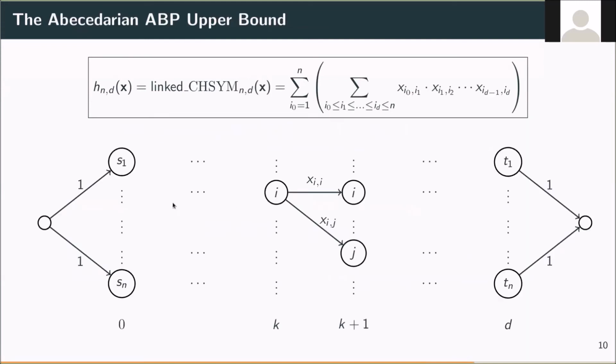I will just show the ABP and let you check that it is indeed computing the polynomial that you want to compute. Okay. And just to make sure, an abecedarian ABP is an ABP in which the polynomial computed between any two vertices is abecedarian. Okay. So it's not hard to see that this ABP is actually abecedarian itself.